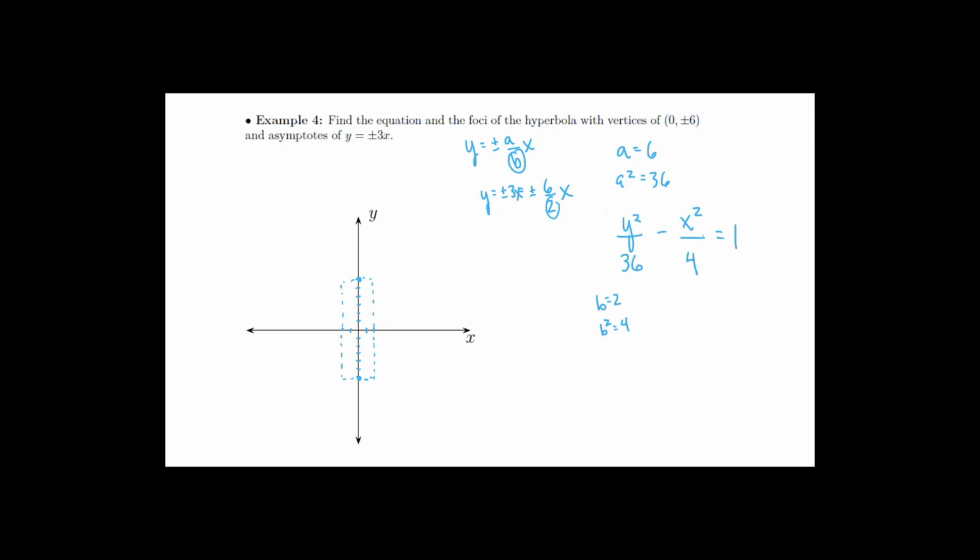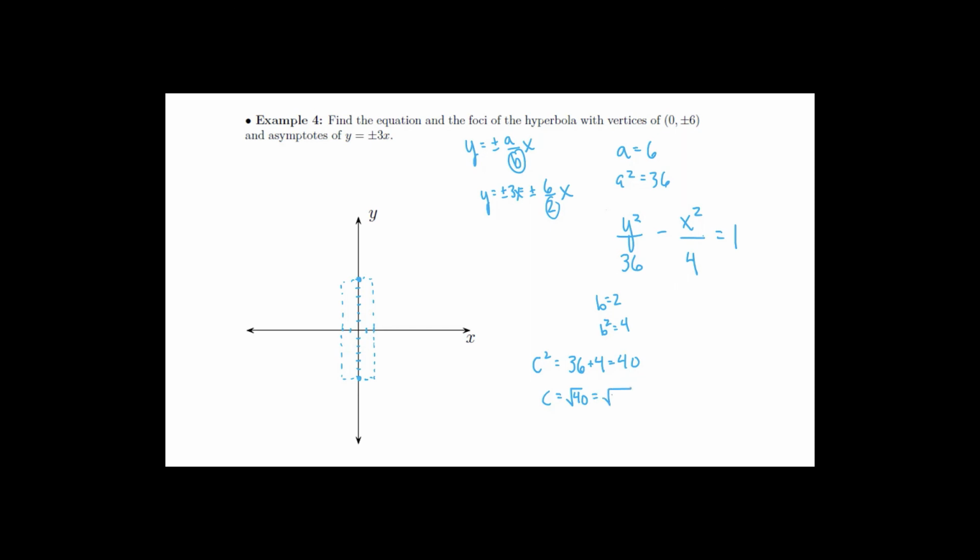But we'll also go ahead and take the time to find our foci. So c squared, we know, is a squared plus b squared, so that's 36 plus 4, which is 40. So that means c is equal to the square root of 40. And we can do a little better than that, right?